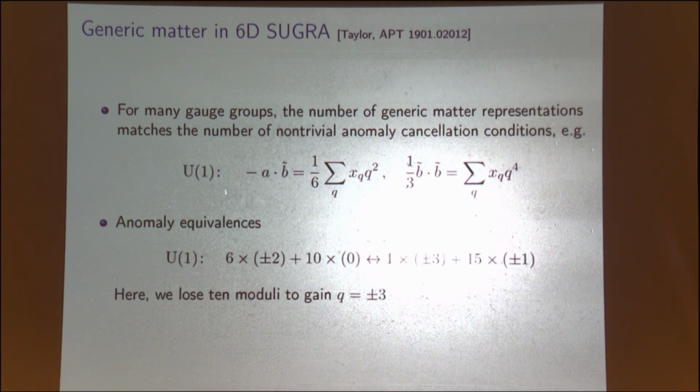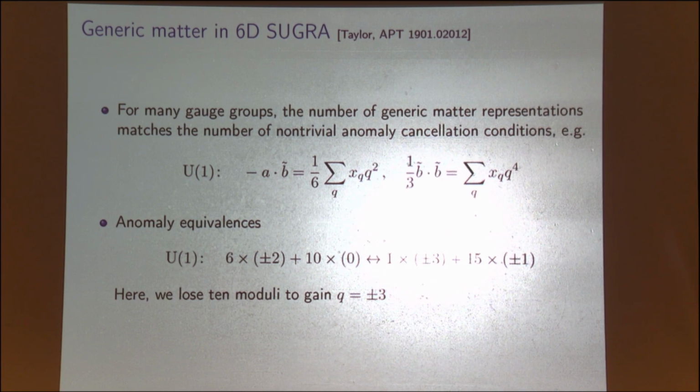If you just look at these 2 equations, you'll see that the anomaly contribution from 6 hypermultiplets of charge 2 and 10 of charge 0, which comes from an additional gravitational constraint on the total number of hypermultiplets, gives the exact same anomaly contribution as a single charge 3 multiplet and 15 charge 1 multiplets.